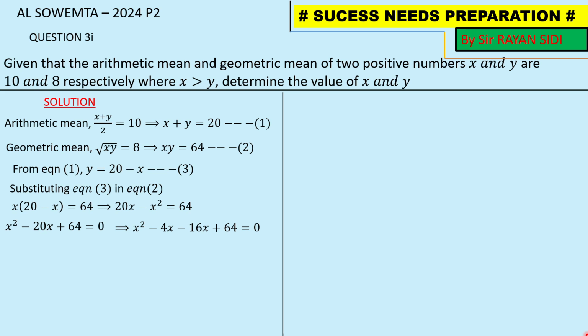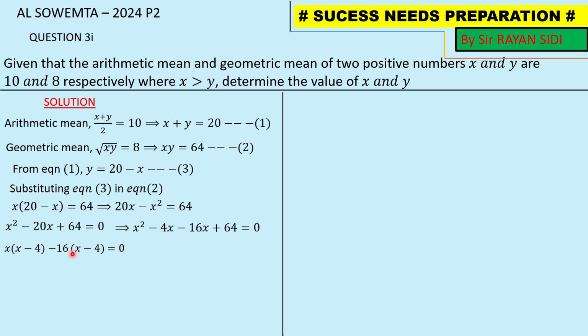So now I factor out the x. Look at the first two expressions here. x is common, so I have x(x - 4). I repeat back the x - 4 and I write the other factor, which is -16. Then it equals 0. You see that x - 4 and x - 4 are common.